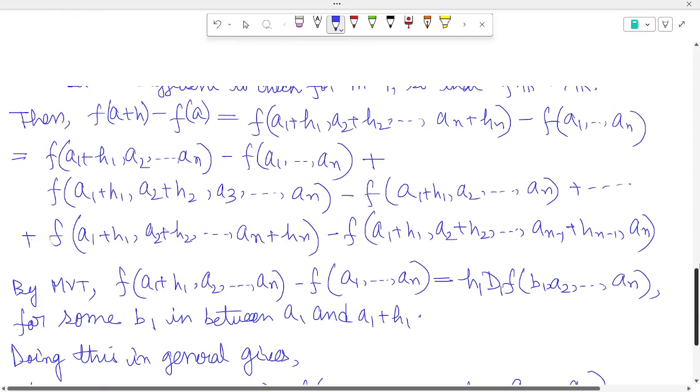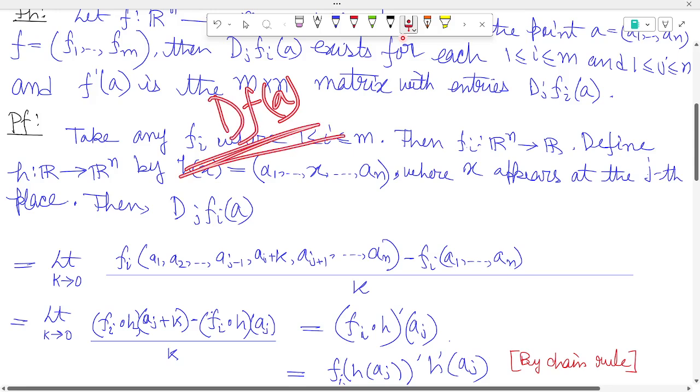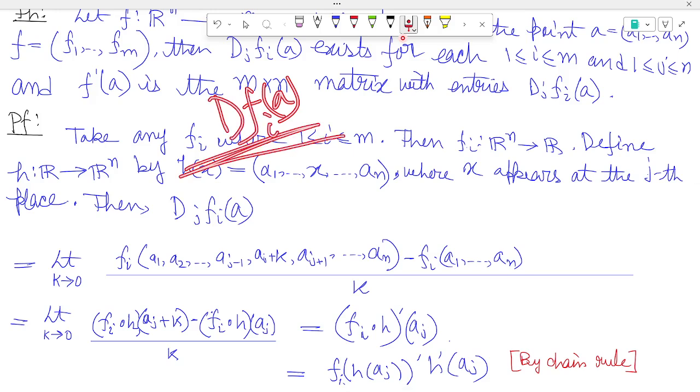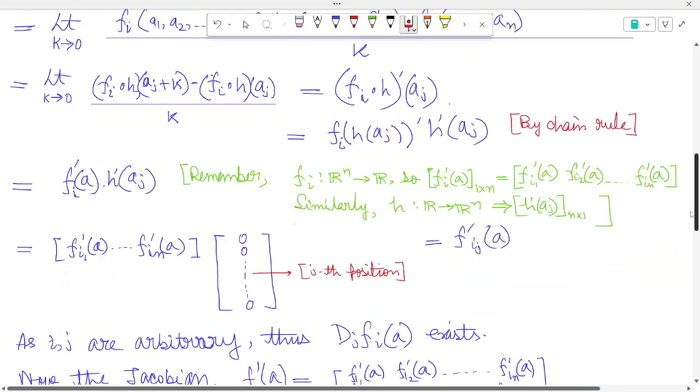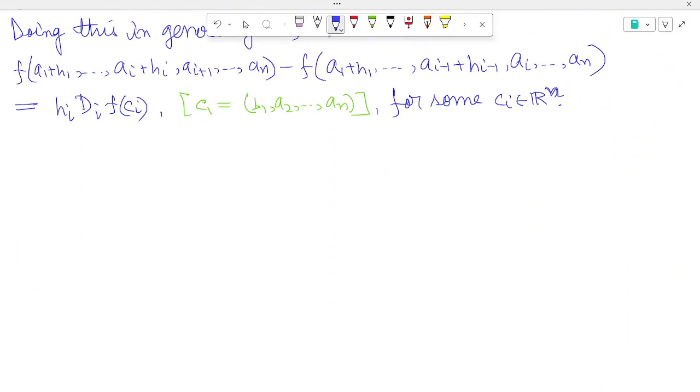So I need to show my target. My target is to show Df(a) exists. Df(a) exists, that means D f_i (a) exists. Okay, so arrange the required things. Now, what is this thing?